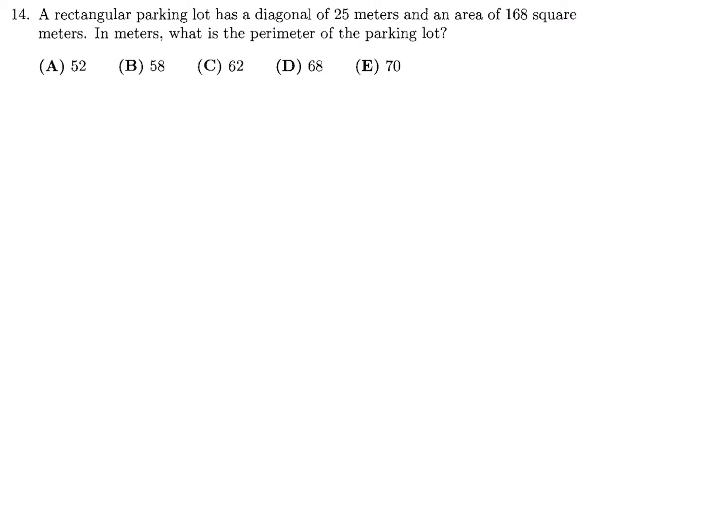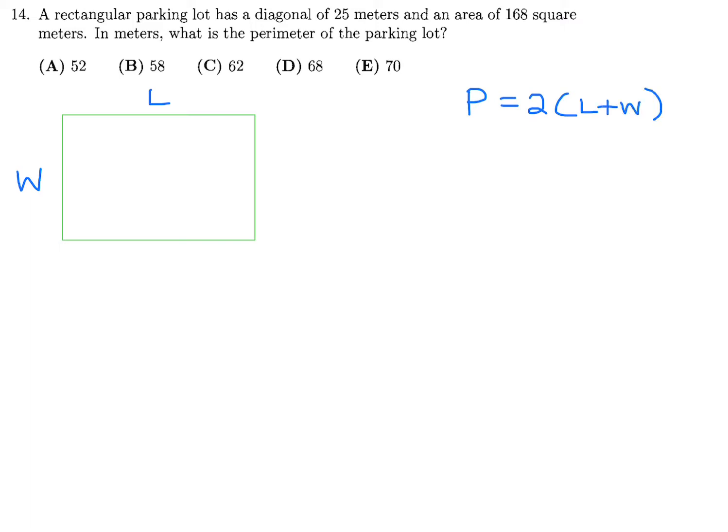A rectangular parking lot has a diagonal of 25 and an area of 168. In meters, what is the perimeter of the parking lot? So we have this rectangular parking lot, and width, length, they want us to find the perimeter, which is, of course, 2 times the length plus the width.